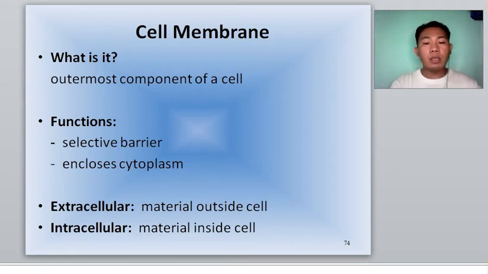Another function is that it encloses the cytoplasm, where organelles are suspended. In cell biology, extracellular means materials outside the cell, and intracellular means materials inside the cell.